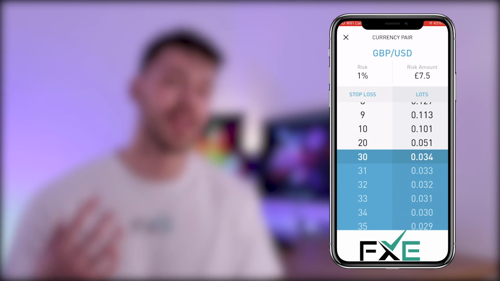After that, we can simply hit calculate, and you'll be able to see the risk percentage and nominal risk value at the top of the screen, as well as the lot size, which you should be using to abide by this risk allocation, which in this case will be 0.033. However, as we know, most brokers will only allow you to trade in increments of 0.01s or mini lots, and therefore to prevent over risking, I always suggest rounding this value down instead of up. In this case, that would mean your lot size on that particular trade would be 0.03.